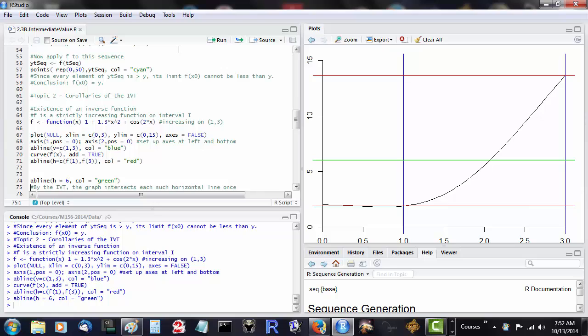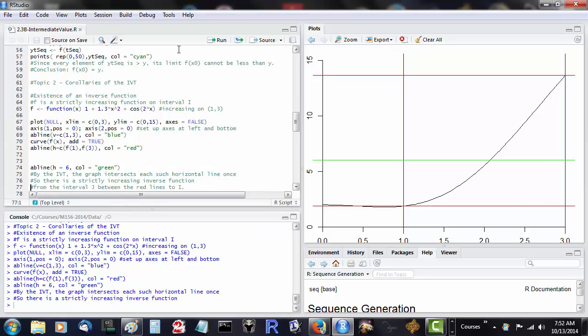There's only one point in the domain for which we can hit it, and therefore we have a bijection between the domain and the codomain, or equivalently, there's an inverse function from the interval of the codomain between the red lines to the interval of the domain between the blue lines. This is the inverse function, and it's also strictly increasing.